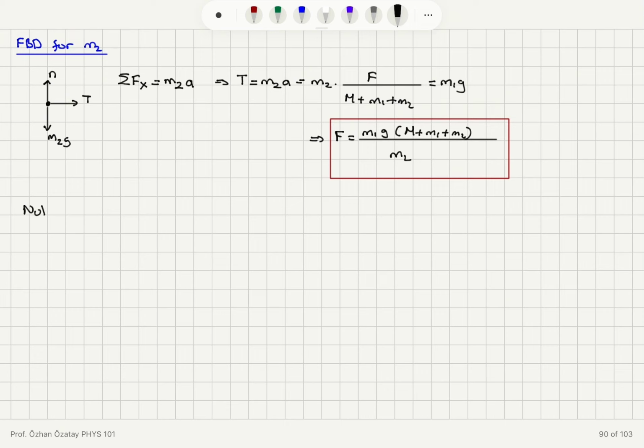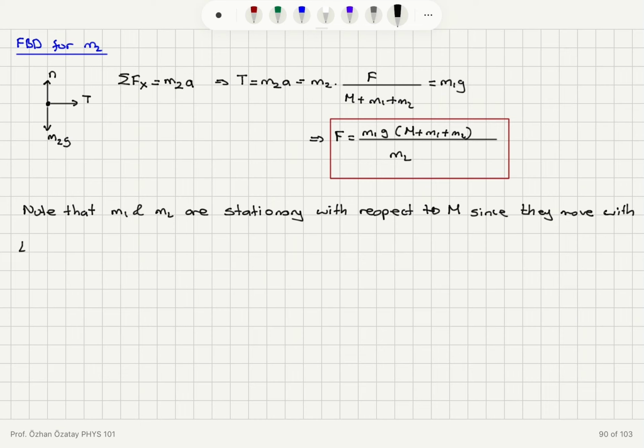So you can see, note that M1 and M2 are stationary with respect to capital M, since they move with the same acceleration.